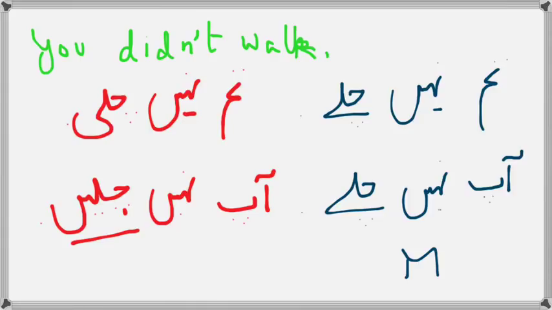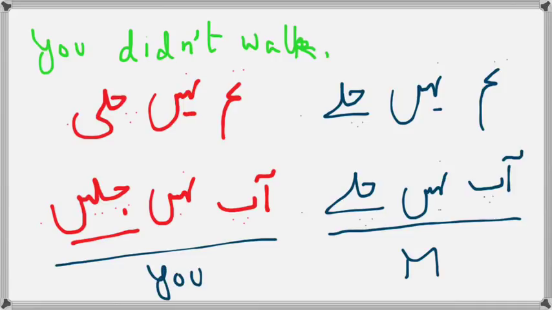In the end, we have got noon na. आप नहीं चली. And these second versions are also used for you people. If we are talking to a group of people who are male or a mixed group, then we say आप नहीं चले. And for female, we say आप नहीं चली.